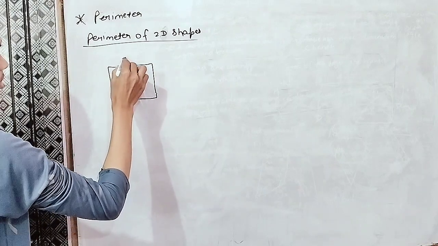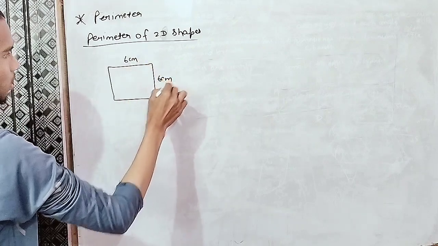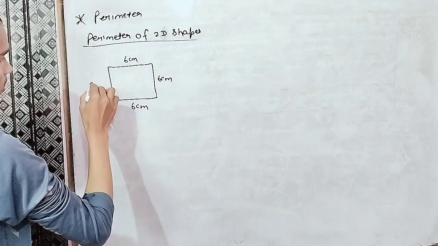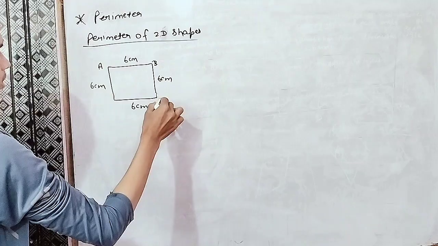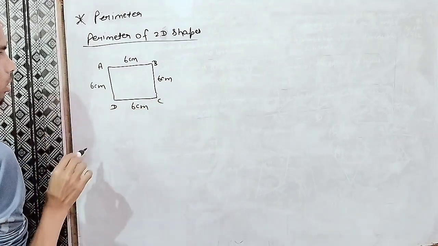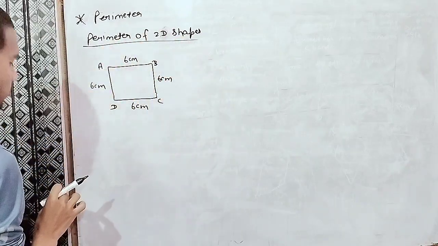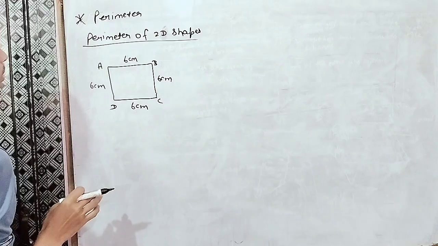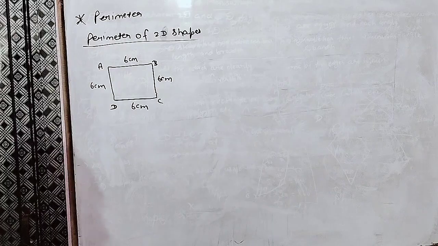Each side is, for example, 6 centimeter, 6 centimeter, 6 centimeter, 6 centimeter. Let's name it A, B, C, D. Okay. This is an example of a 2D shape. Now, where is the perimeter of this 2D shape?